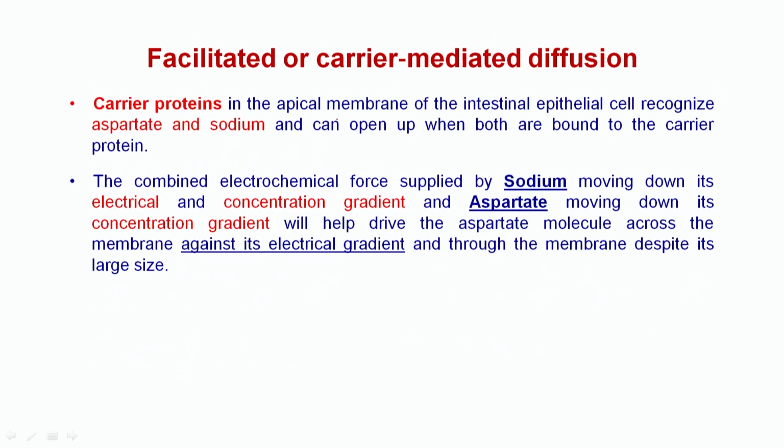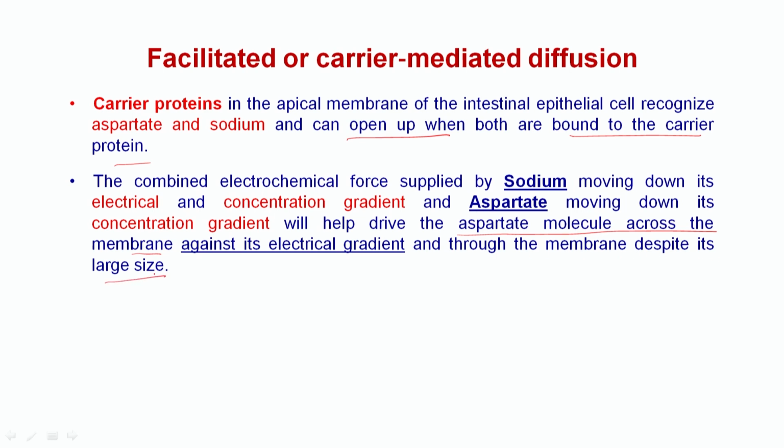Carrier protein in the apical membrane of the intestinal epithelial cells recognizes aspartate and sodium and can open up when both are bound to the carrier protein. The combined electrochemical force supplied by the sodium moving down its electrical and concentration gradient and aspartate moving down its concentration gradient will help drive the aspartate molecules across the membrane against its electrical gradient and through the membrane despite its large size.